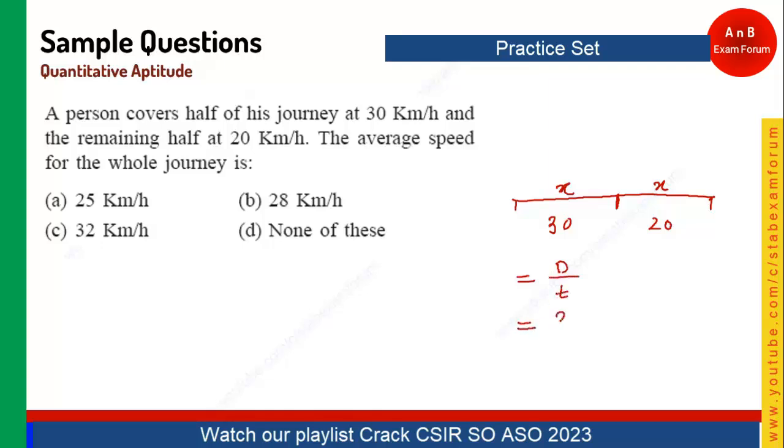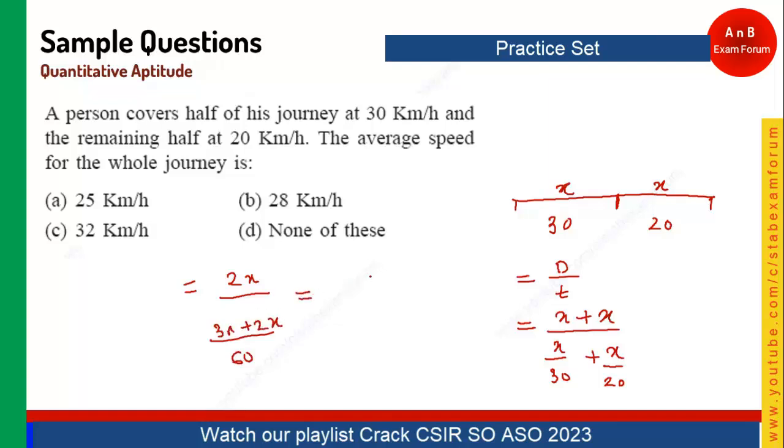Total distance is what? x plus x. Total time is what? Time is distance upon speed. So x upon 30 for this portion, plus x upon 20, right? After that you have 2x in the numerator, and if you simplify the denominator, what will you get? 60 as the LCM, 3x plus 2x.